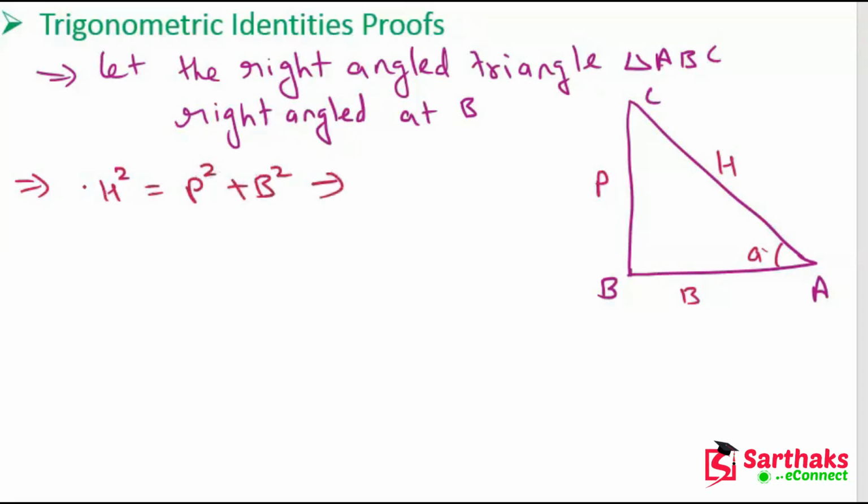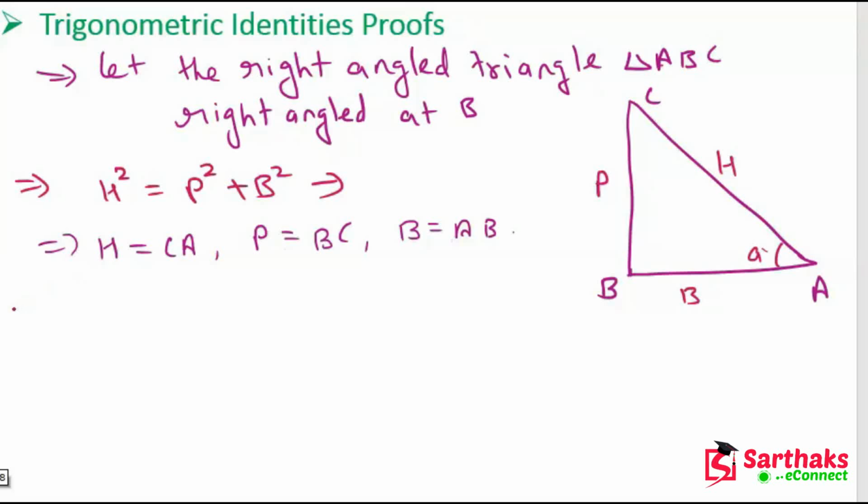This is the Pythagoras theorem. So we have H is CA, P is BC, and B is AB.